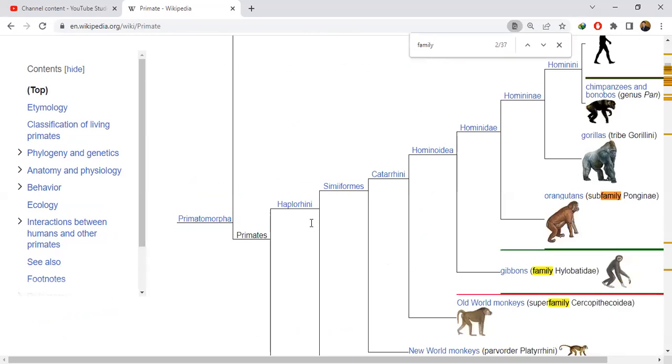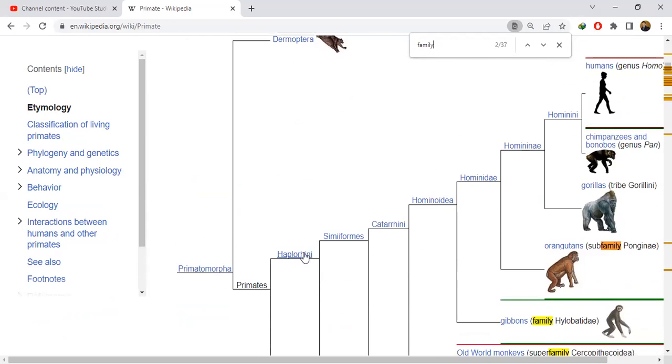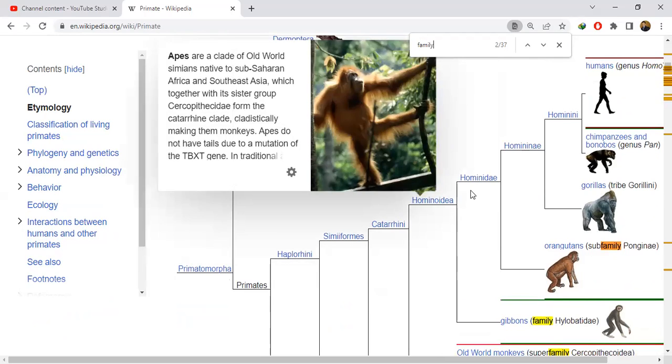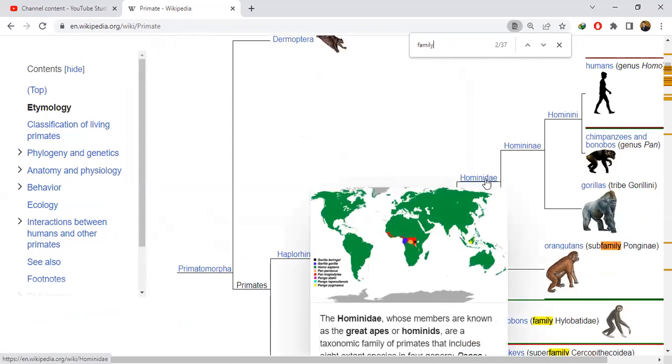In the Primata, we are looking for the family. There are many families there. All these are families. Our family is Hominidae.